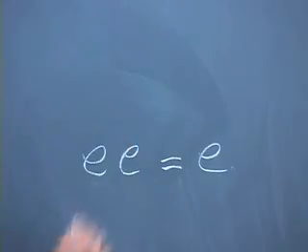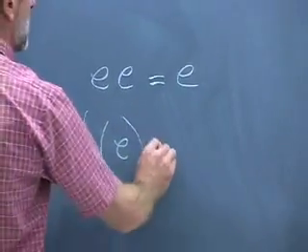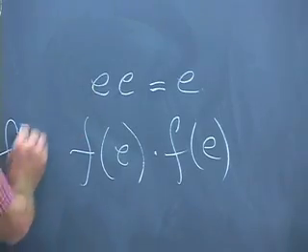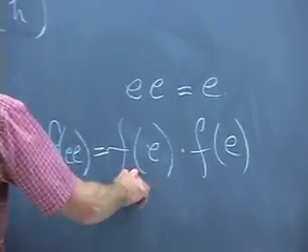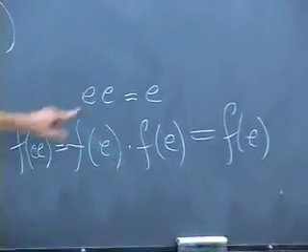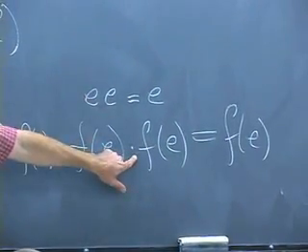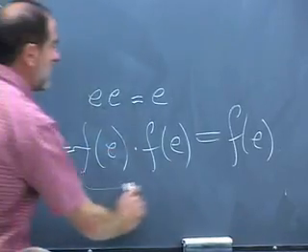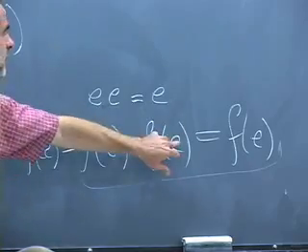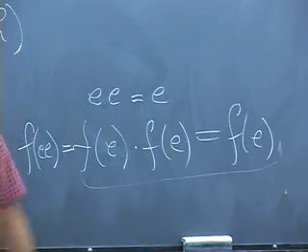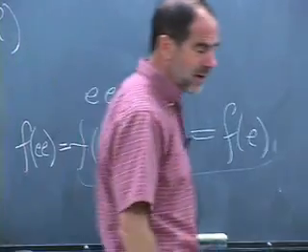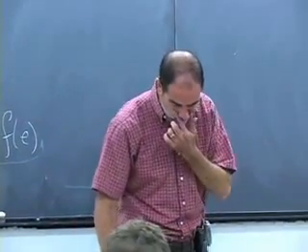So if you take that and apply f to it, you get f(EE), which is f(E) times f(E) using this property, and that is equal to f(E). Applying f to both sides of this identity, and then using the homomorphism property, we see that f(E) has that property in the group G prime. So multiplying by f(E) inverse, you see that f(E) is E prime. You guys did all this for homework. Same thing, I'll let you do the inverse one yourself. It's from the unique property of inverses.